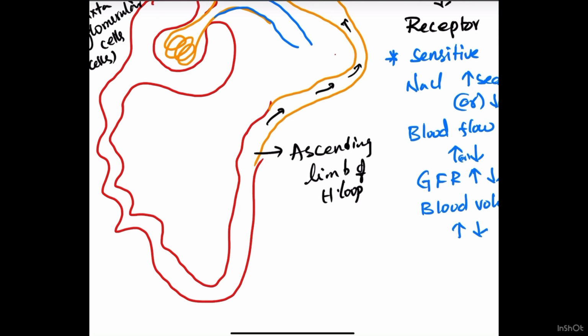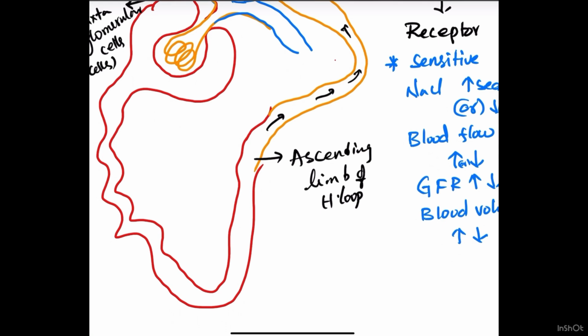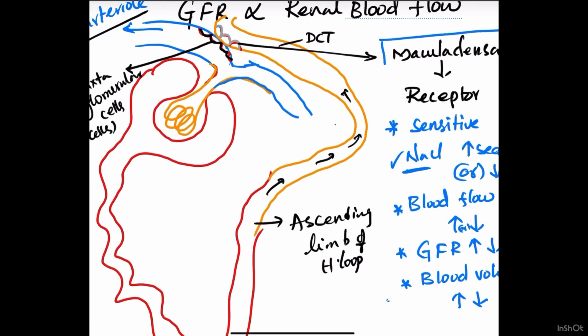Anything means all these factors: sodium ions, blood flow, GFR, blood volume. Everything is going to be sensed by this macula densa.